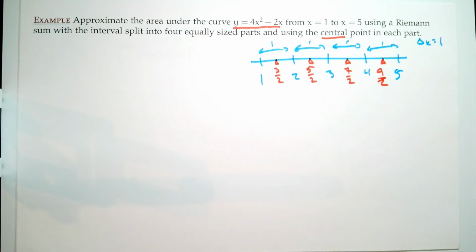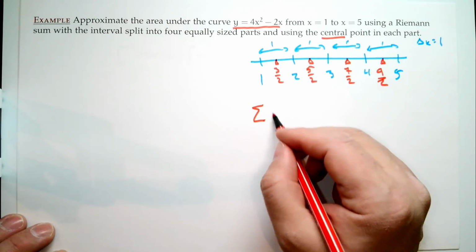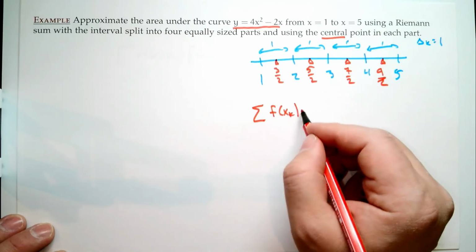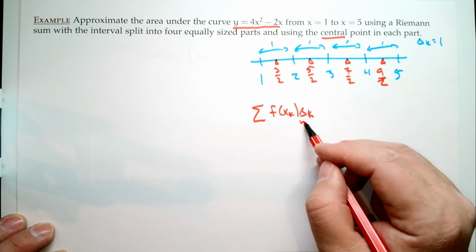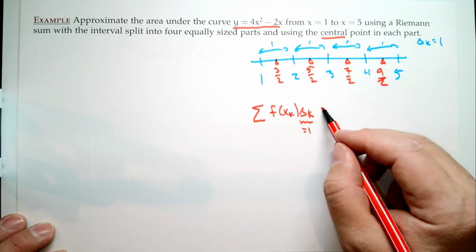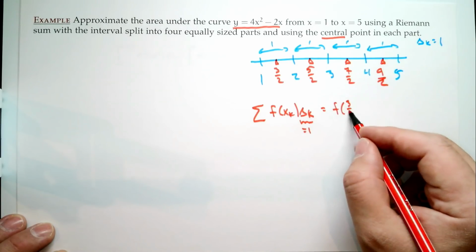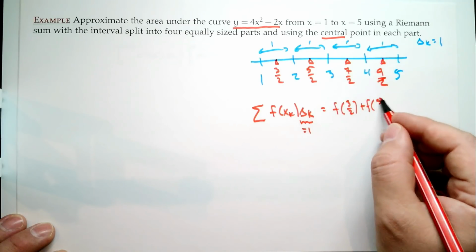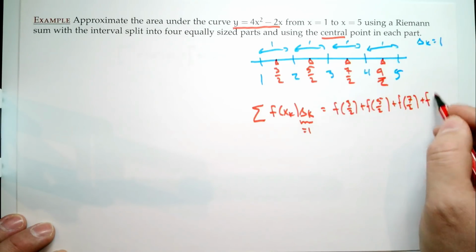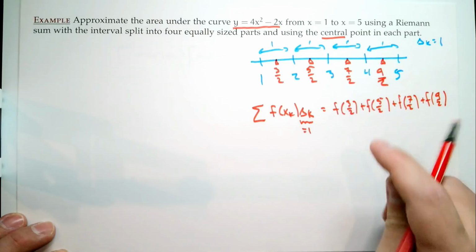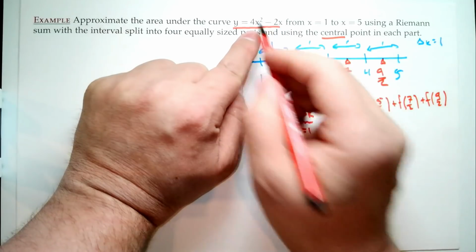So our Riemann sum is the sum of f of x_k times delta k. In our case, because our delta k is 1, this will be just the function evaluated at the central points. So f of 3 halves plus f of 5 halves plus f of 7 halves plus f of 9 halves. So now we just go through and evaluate. So this is our f.